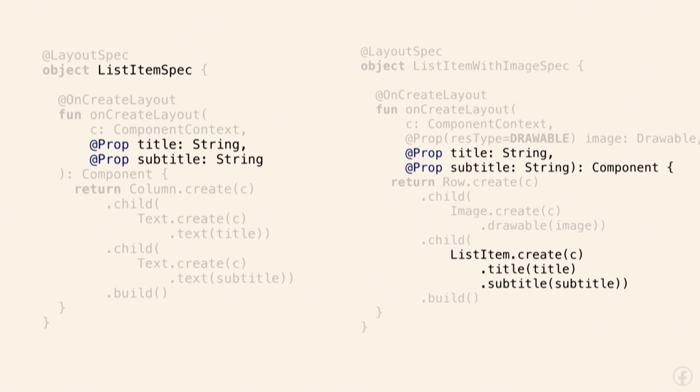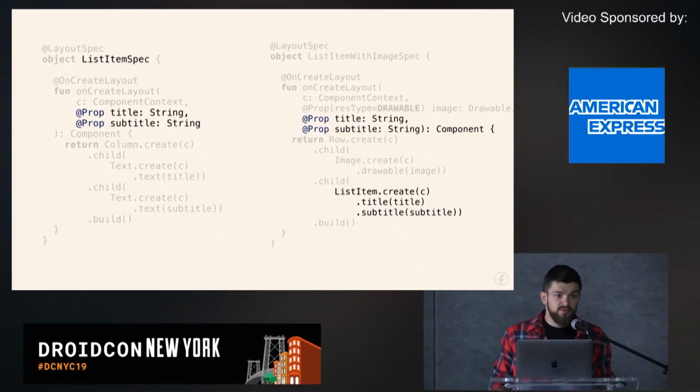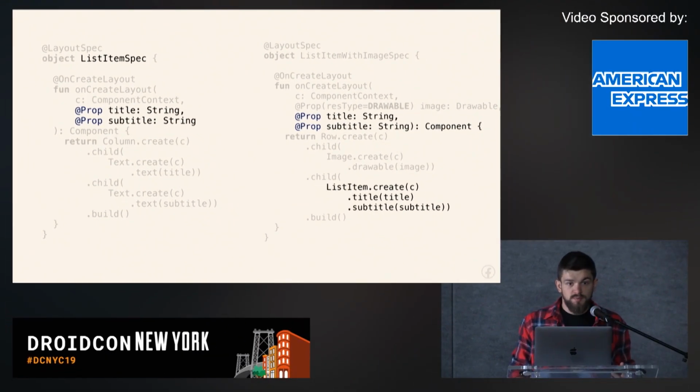One is an image, and one is our previously declared component that also requires passing the title and subtitle from the parent component. That's how Litho favors composition over inheritance. To add some functionality, you don't need to extend, for example, your base view and then add something inside. You just declare another component, and you can compose them one into another. And this won't actually result in deeper view hierarchies.